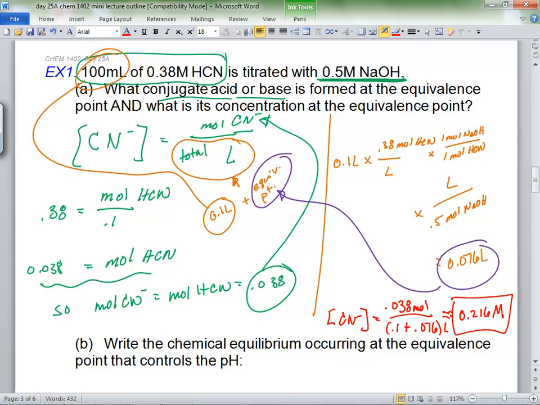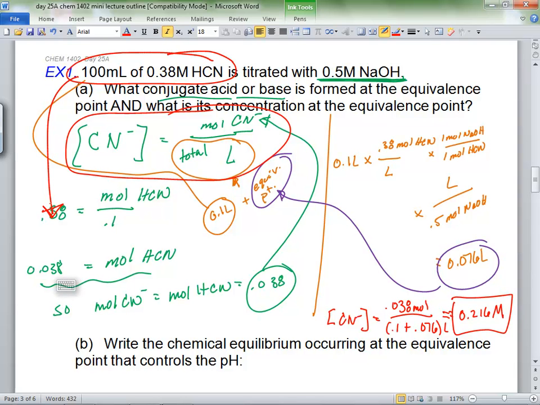So what we did, to get the concentration of the conjugate acid or base, first we just wrote an expression. Concentration is the moles over liters. And we got the moles part by setting up the big M equation using this mess. That's what we did right here.